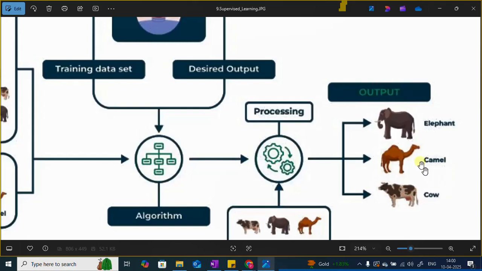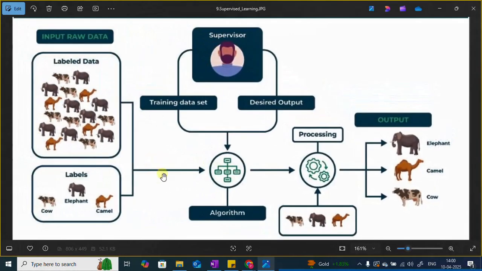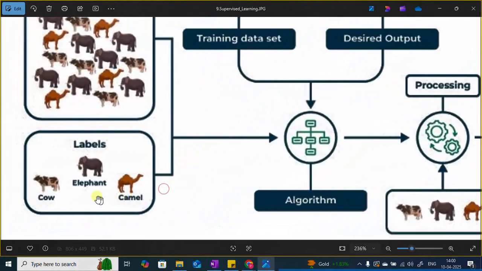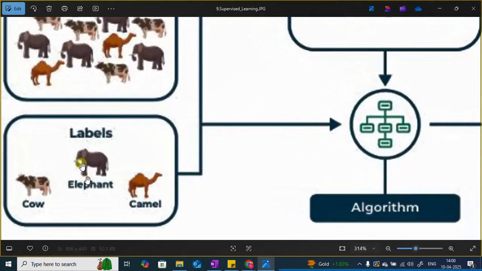How does it tell whether it is a camel, why not elephant, why is it a cow? Because whenever I train on the data set, I give hints or information to my model: the animal looks like this, having a long trunk, long teeth, maybe a long tail, heavy in weight, black in color.